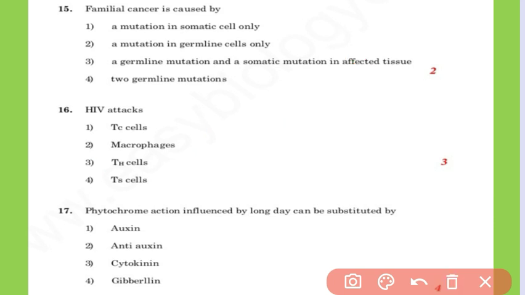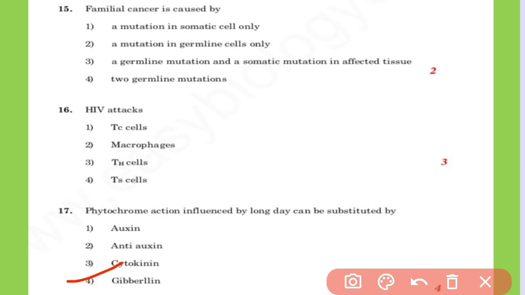Then the next question, phytochrome action influenced by long day can be substituted by. It can be substituted by gibberellin. Other options are there: auxin, antioxidant, and cytokinin. Gibberellin is a hormone which is responsible for cell elongation and internodal growth.